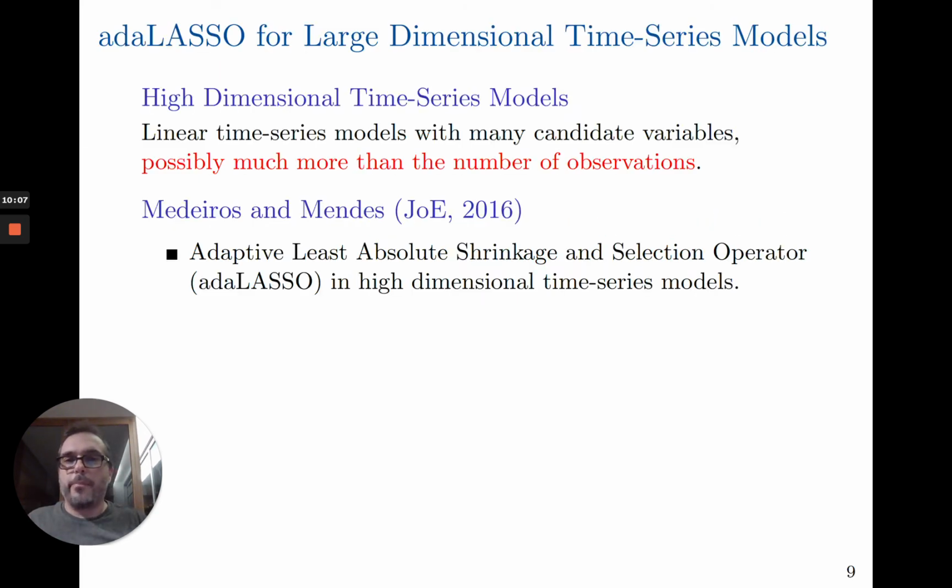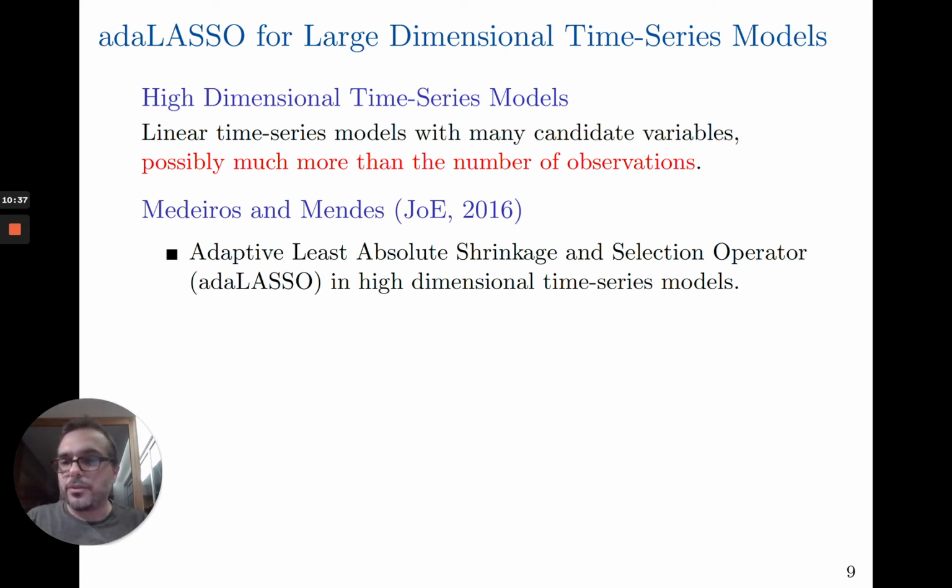We are in a high-dimensional time series model, so the data are formed by time series. It's a linear model, but with many more variables than observations, and we are going to consider the adaptive lasso.